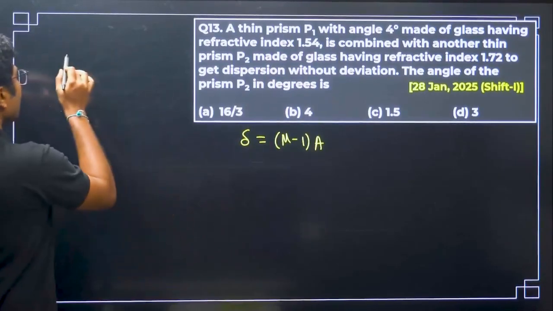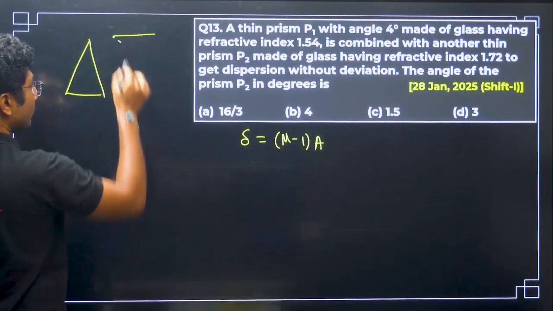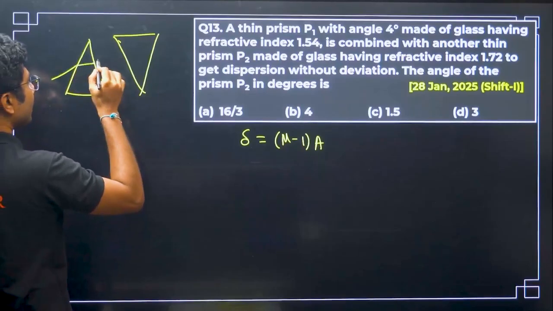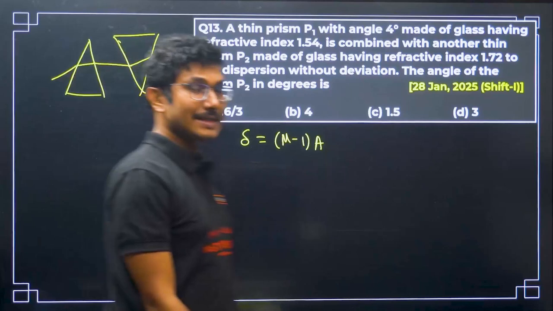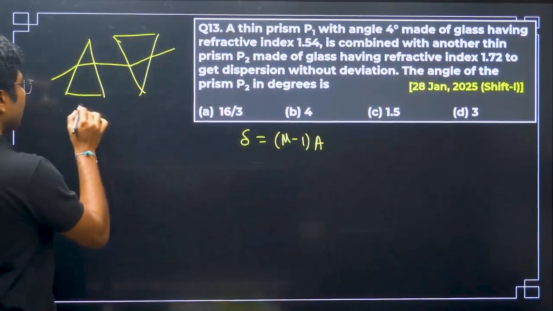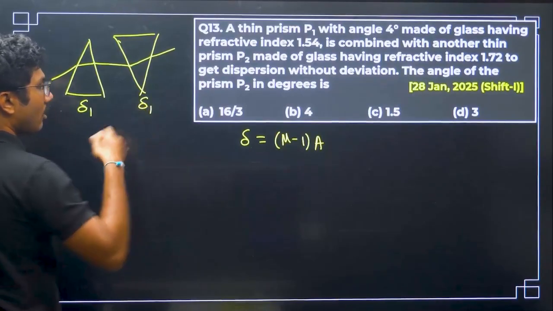Why? Because in combination, you put two prisms in the opposite direction. So, whatever is the deviation for this prism, that is cancelled by the second prism, right. So, if this prism gives you an angle of deviation delta 1, this one will also give you delta 1, but in the opposite direction.